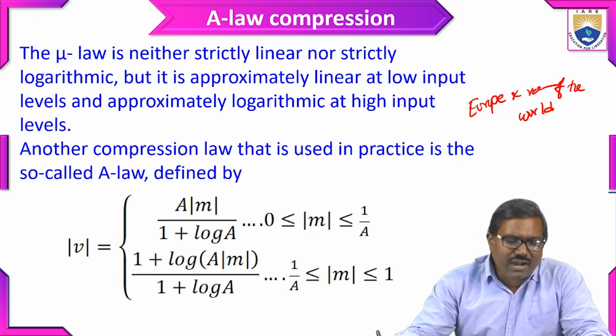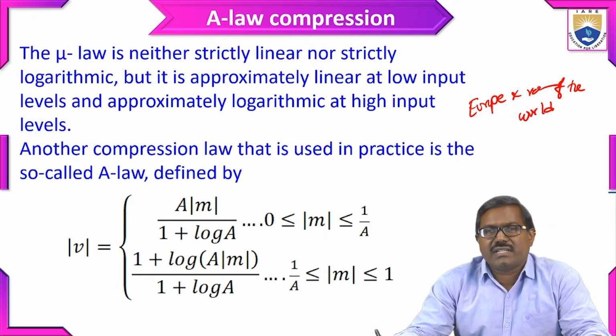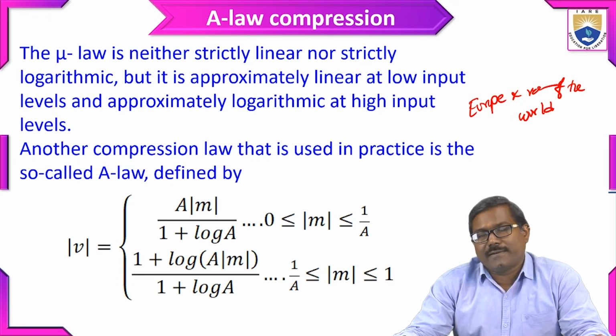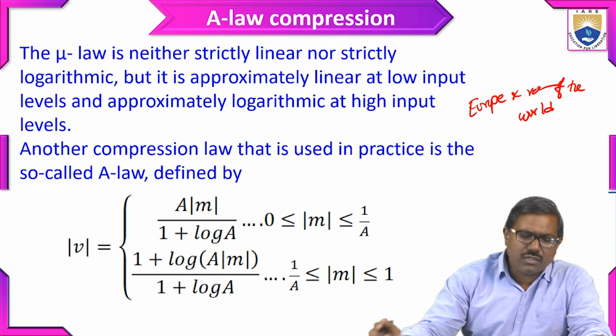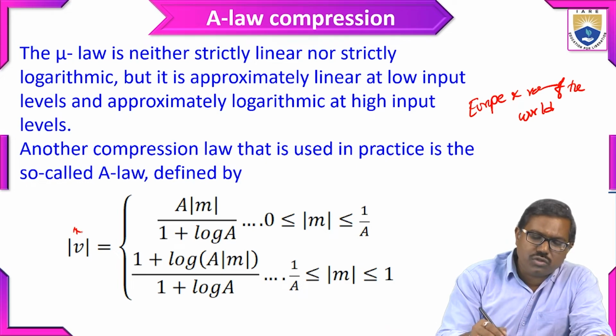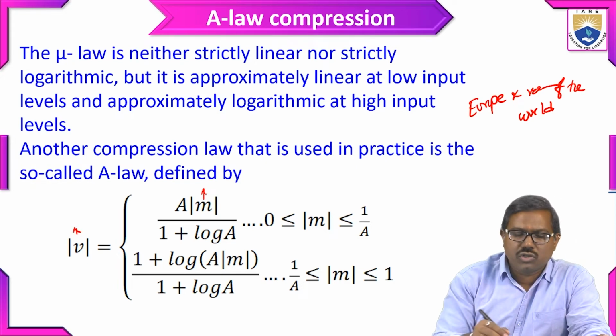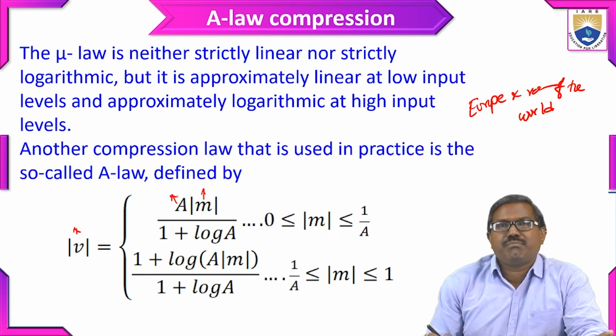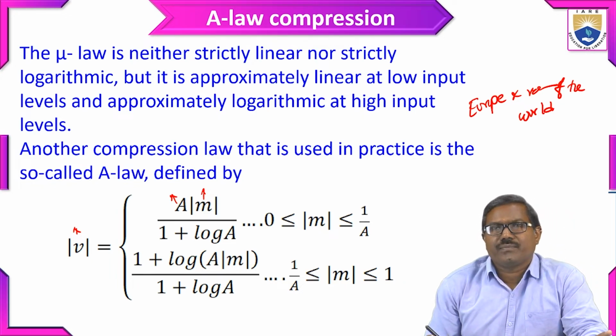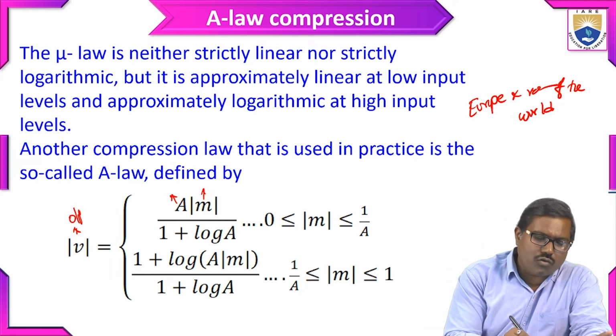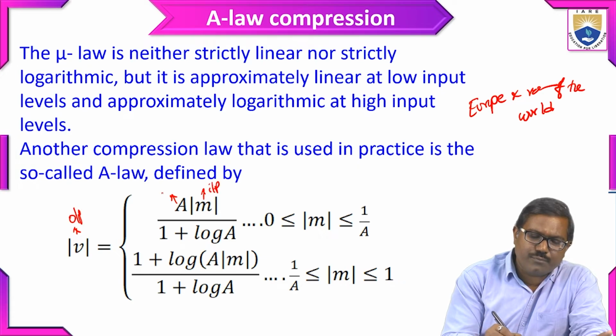The A-law is defined here in two regions. In one region the input value is 0 to 1 by A, and in the other region the input value is 1 by A to 1. Here also V is the output, M is the input, and A is the compression parameter.